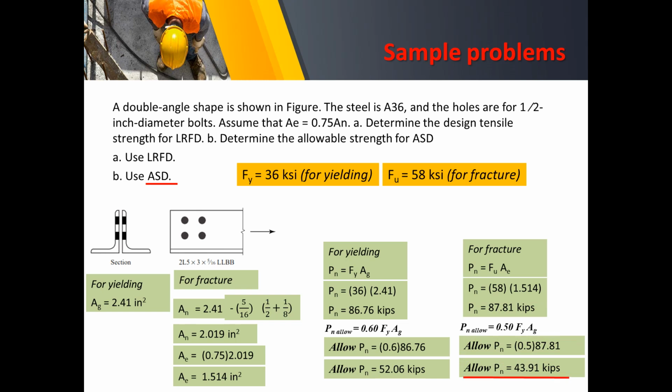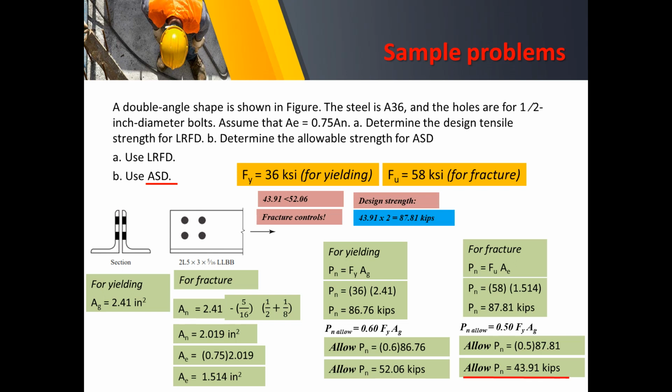Now the fracture controls here because the allowable Pn derived from the fracture is less than that of the yielding. So fracture controls in ASD. Therefore the design strength is 43.91.